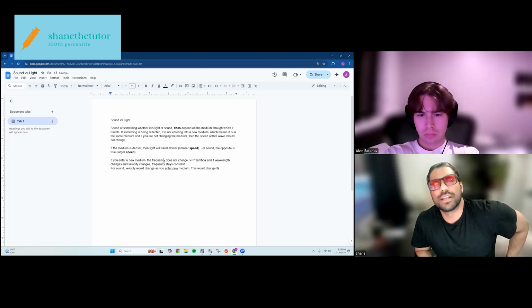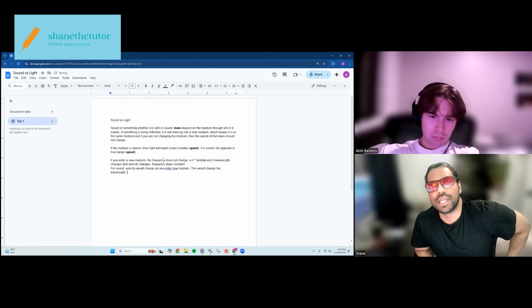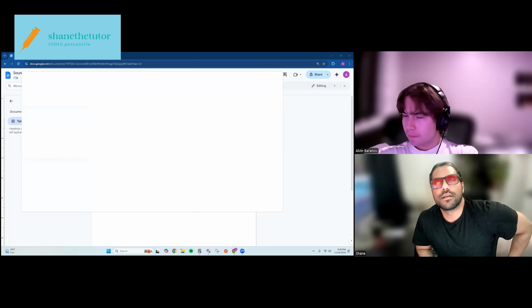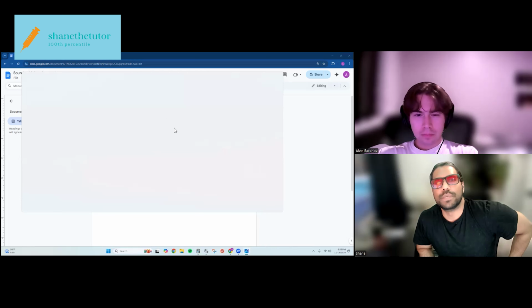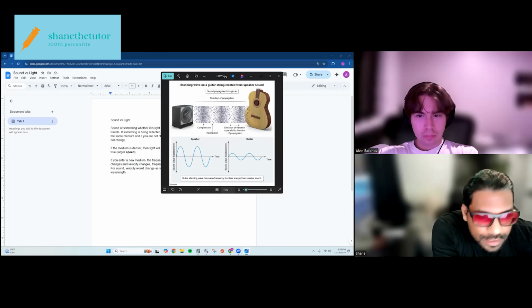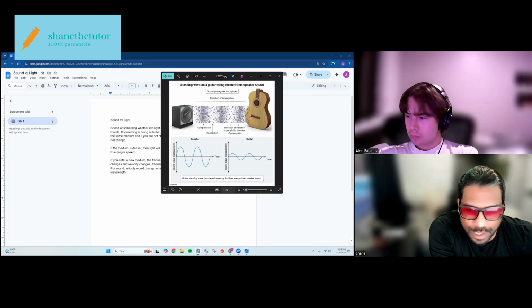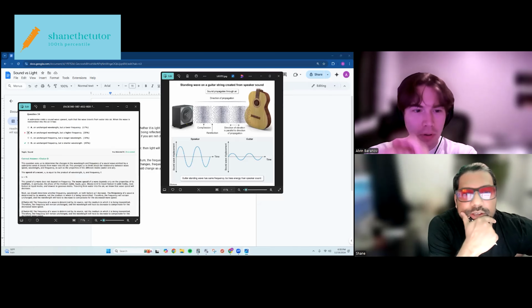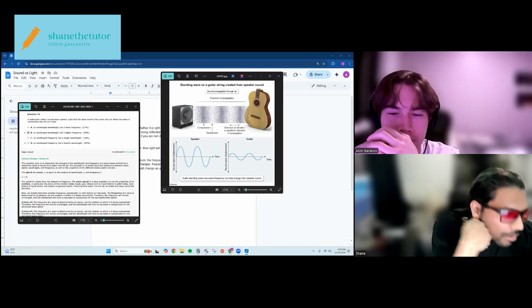I'm trying to think if the frequency would change or not. Oh yeah, this is a good picture. So you can see the direction of propagation.